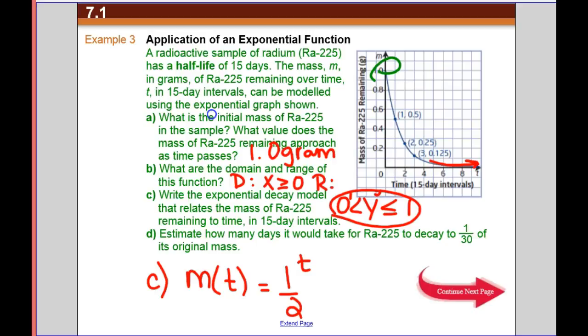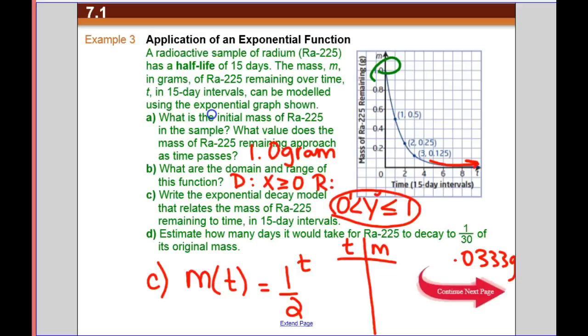It says estimate how many days it'll take for Ra-225 to decay to 1/30th of its original mass. So if we went 1 divided by 30, we would find that to be 0.0333 grams. That's what we're looking for. So if we created a table with time and mass, these points are already on the graph.